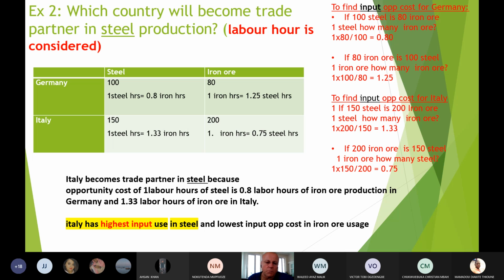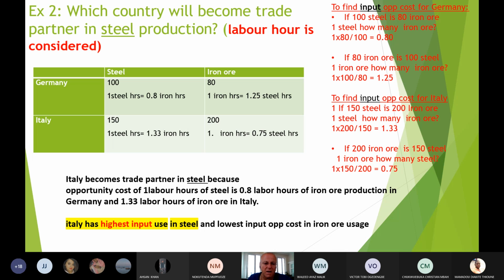Therefore, Italy becomes a trade partner in steel production, because the opportunity cost of 1 labor hour of steel is 0.8 hours of iron ore production in Germany, and 1.33 labor hours of iron ore in Italy.